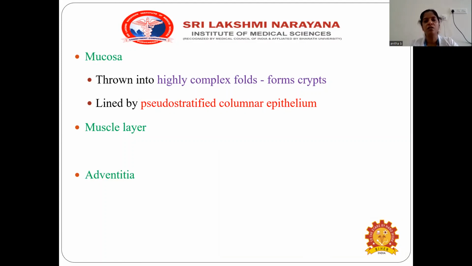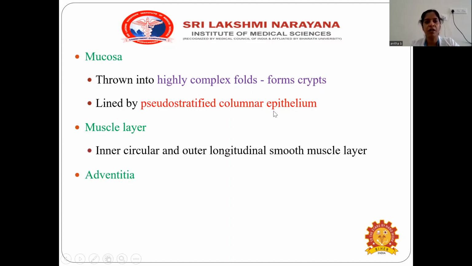It will be lined by pseudostratified columnar epithelium. The epididymis lining epithelium is also pseudostratified, the vas deferens also pseudostratified. In the seminal vesicle also, the lining epithelium is pseudostratified columnar epithelium. So the feature is highly complex folds which form the crypts.